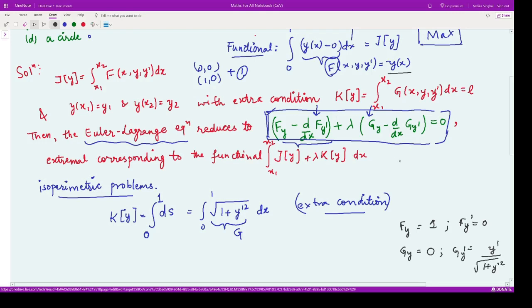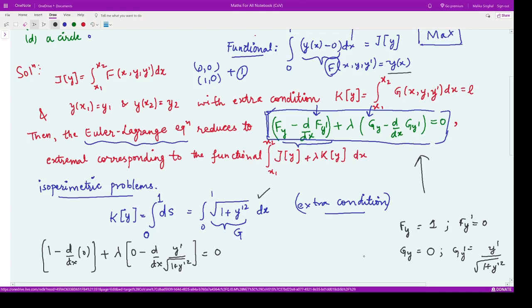So let's plug these values into this equation. What we get is 1 minus d/dx of 0, plus lambda times, where lambda is a constant which has to be determined using the extra condition, 0 minus d/dx of y' divided by the square root of 1 plus y' squared, is equal to 0.